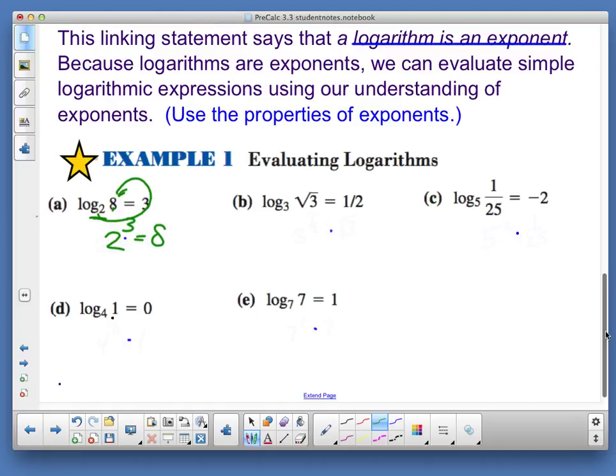So I'm just looking at this and I go, well, 3 to the 1/2 power is equal to the square root of 3. That's all I'm doing. This is me rewriting a log as an exponent. Are there any questions about what I'm having you do in the next 3?